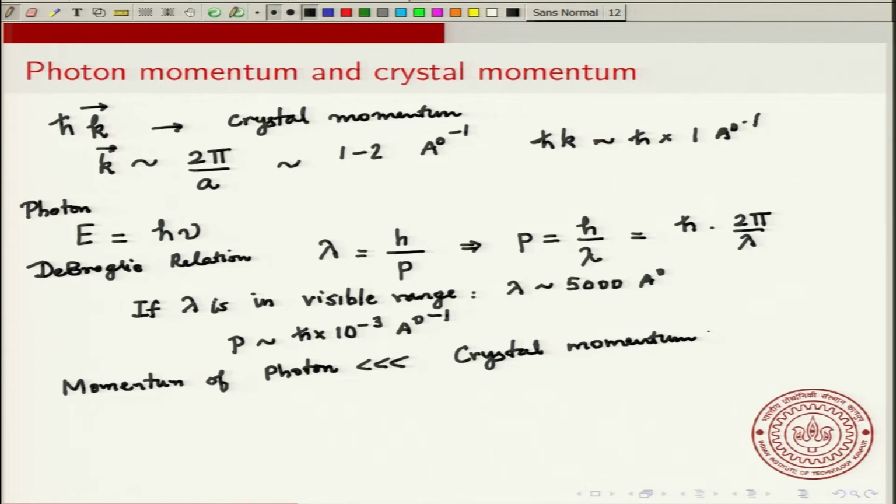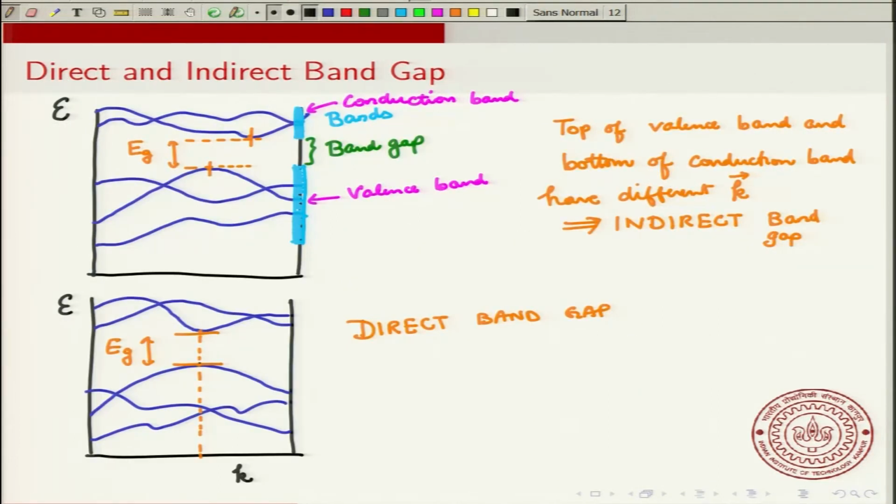And this has an implication. If there is an electron in the valence band and it absorbs a photon and goes to the conduction band, then the change in momentum is very small.